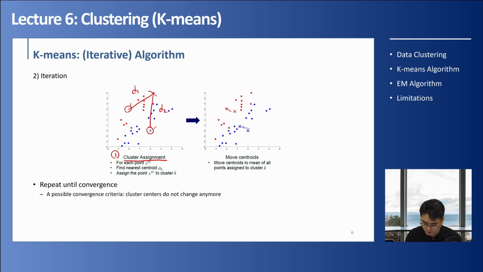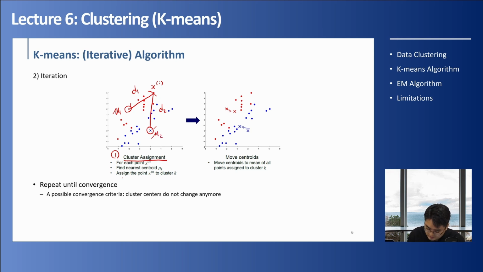We find the nearest centroid and then assign the point xi to cluster k. So for this xi, we calculate the distances d1 and d2, where d1 is the distance to the first cluster center, let's say mu1, and d2 is the distance to the second cluster center, let's say mu2.